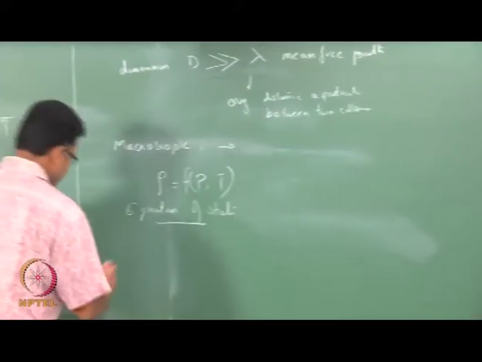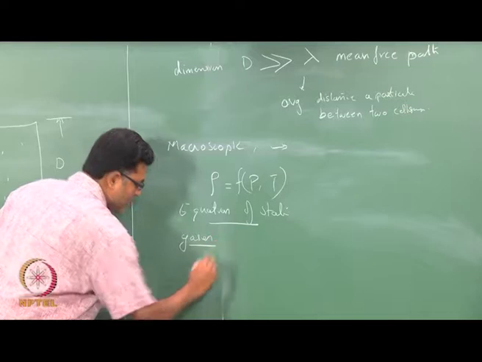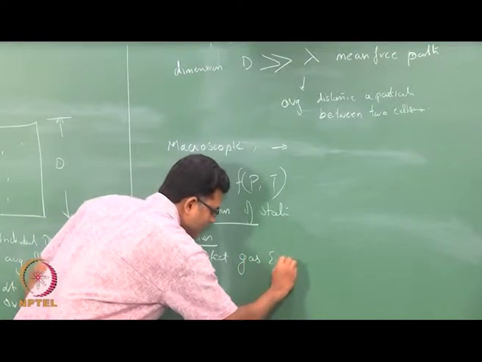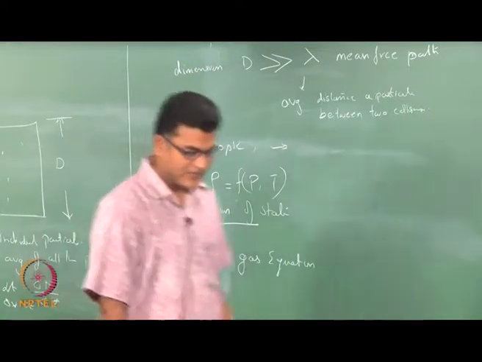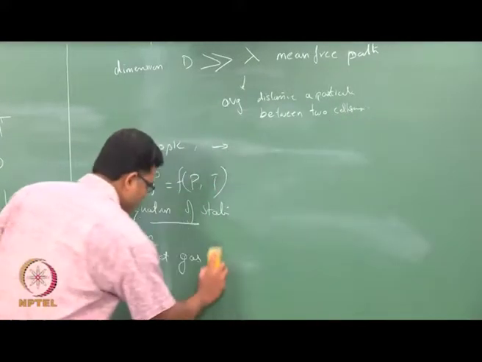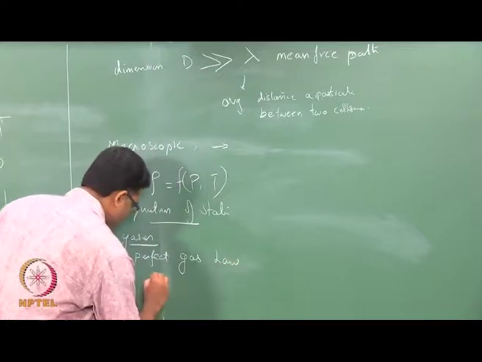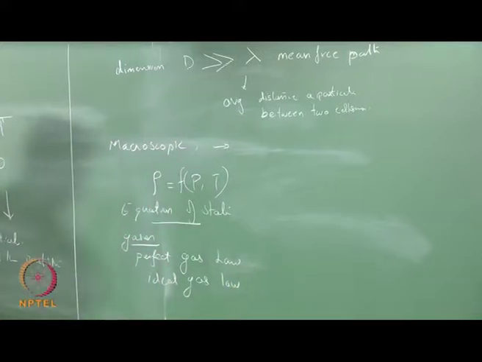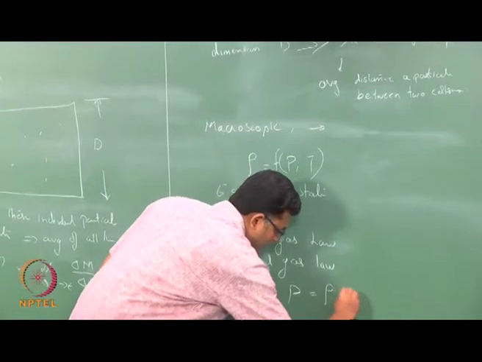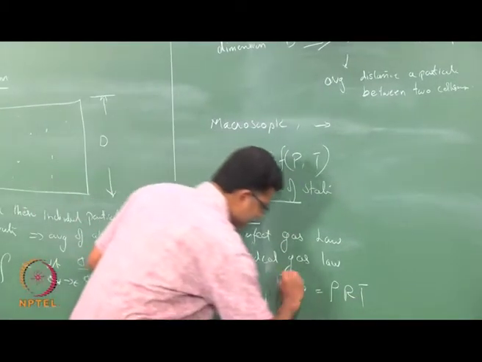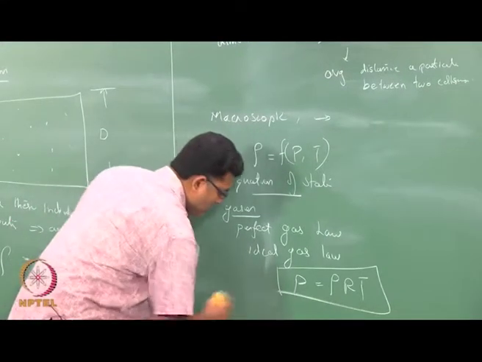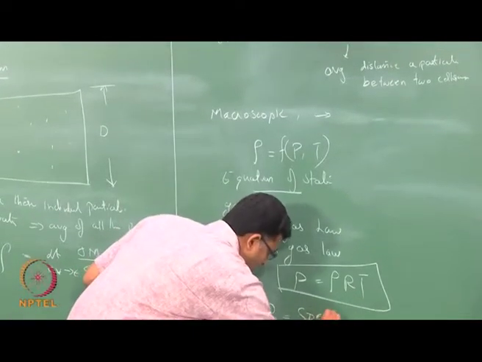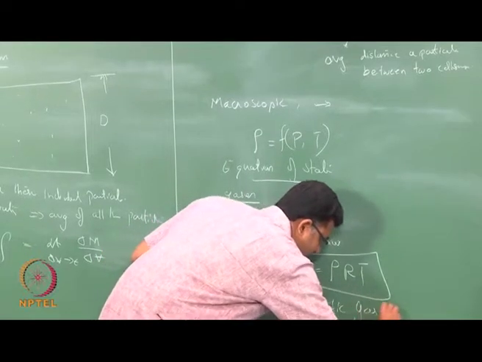One popular equation of state for gases is the perfect gas law, or the ideal gas law, which relates pressure and density of this form, where R is something called the specific gas constant.